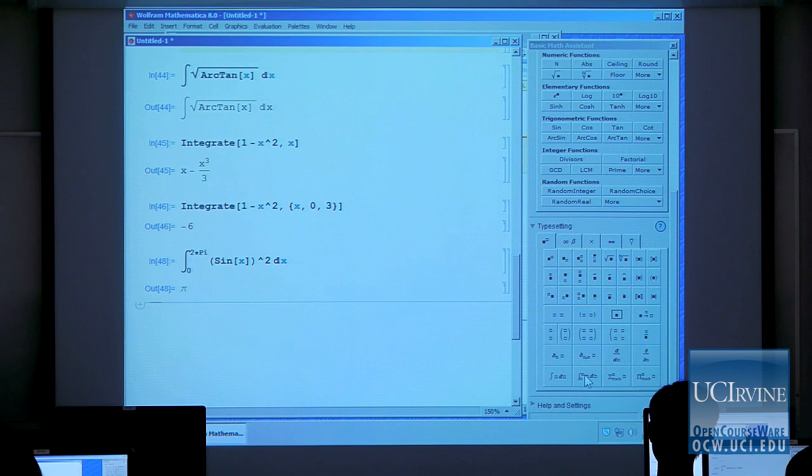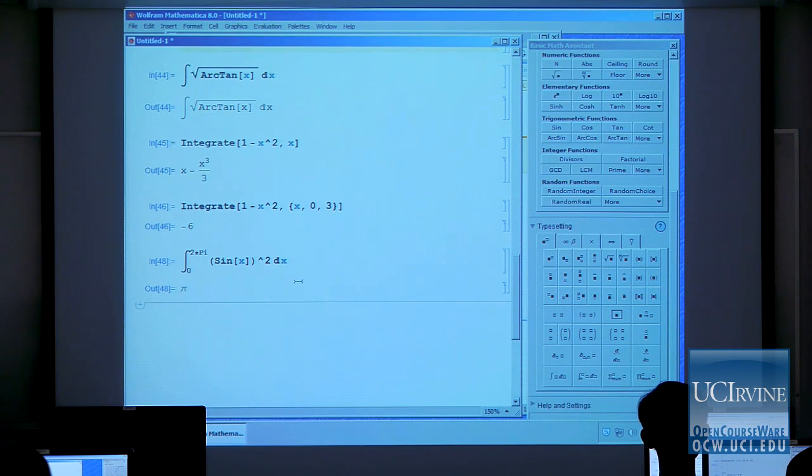Next thing I'm going to do is an example of an improper integral. What's an improper integral? Anyone? An improper integral is one for which one or more of the limits is infinity.